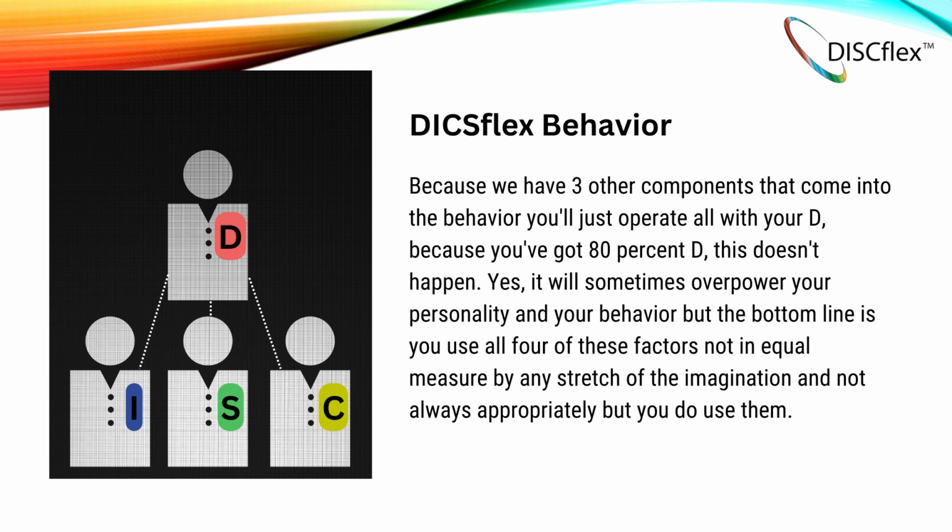You don't just operate all with your D because you have an 80% D. It just doesn't happen. Yes, it will sometimes overpower your personality and your behavior, but the bottom line is you use all four of these factors, not in equal measure by any stretch of the imagination, and not always appropriately, but you do use them.